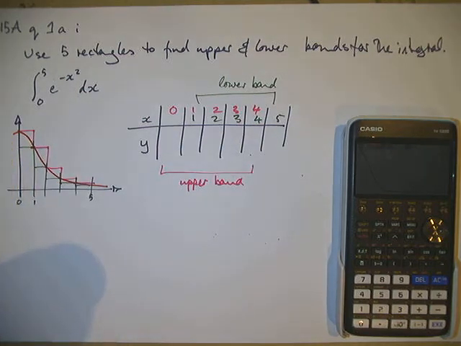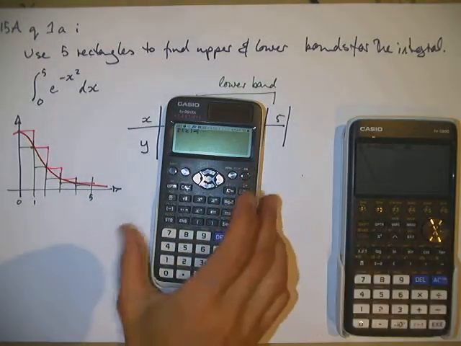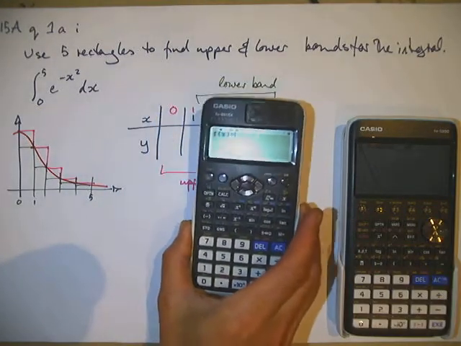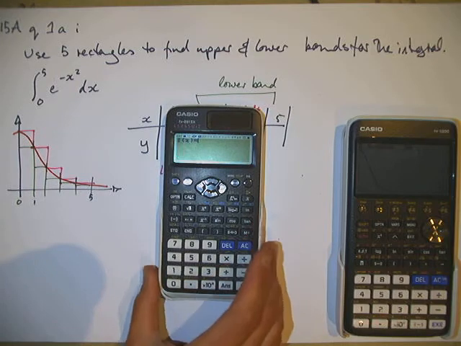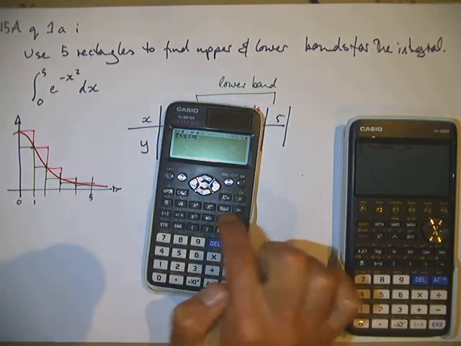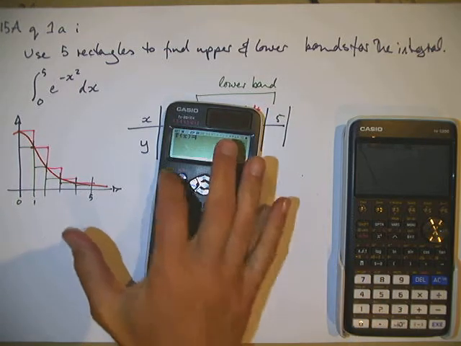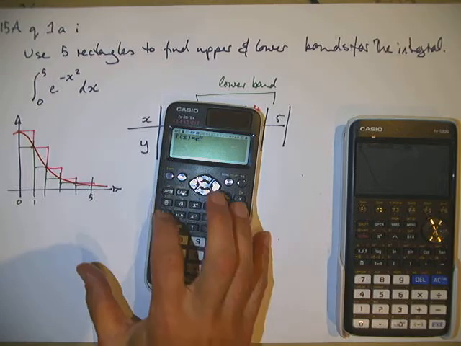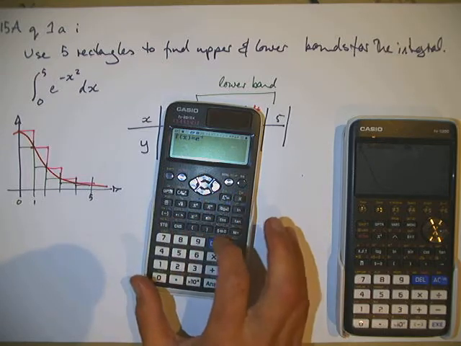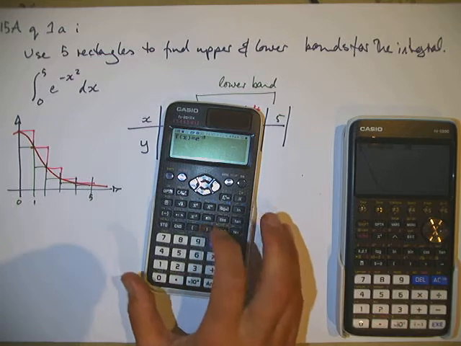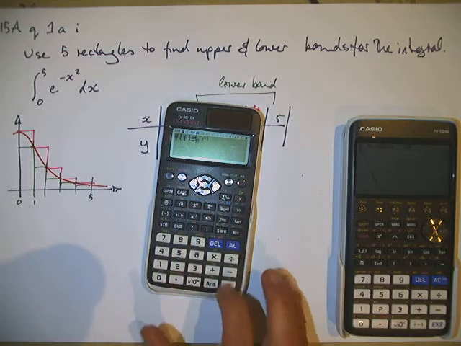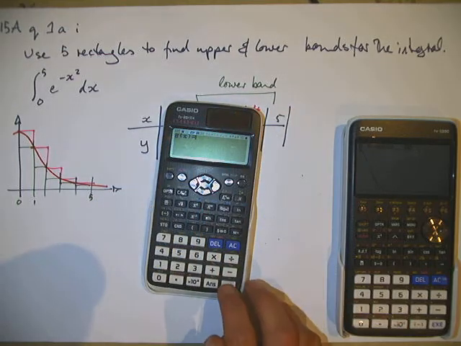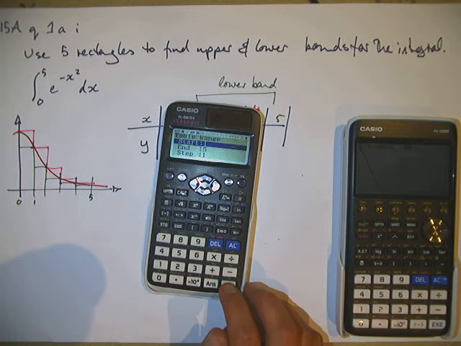So how am I going to fill in that table? I could use either calculator, but I just happen to have it on this one already. I'm going to use the table function. The function this time is e to the minus x squared. Ignore the g of x bit, that's the way you can put 2 functions in at the same time.